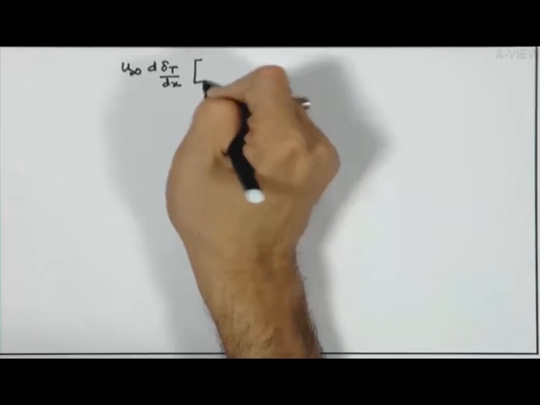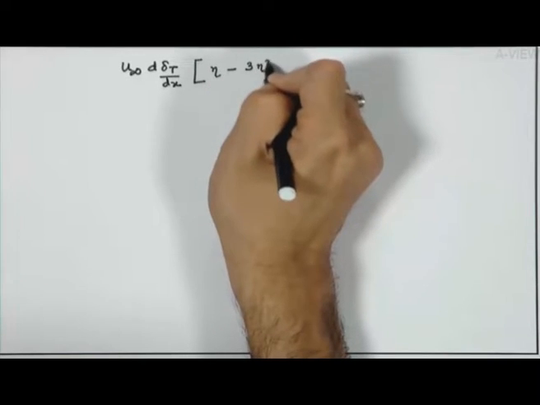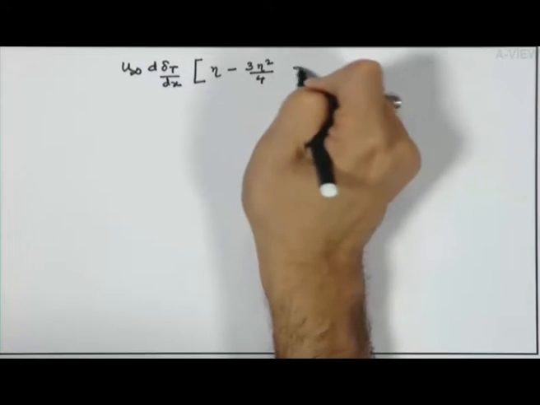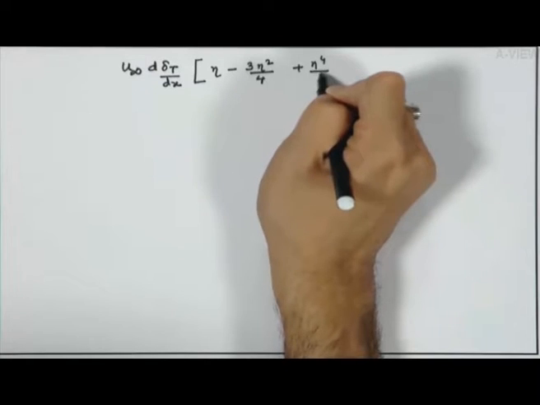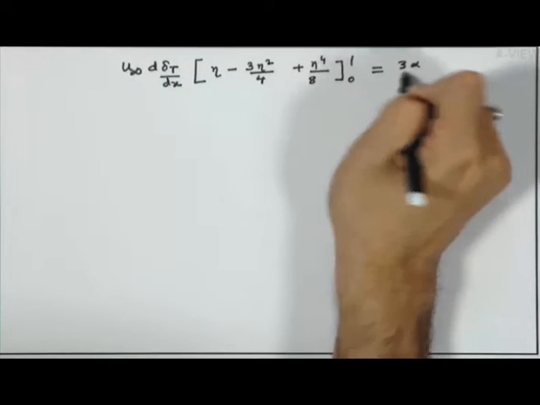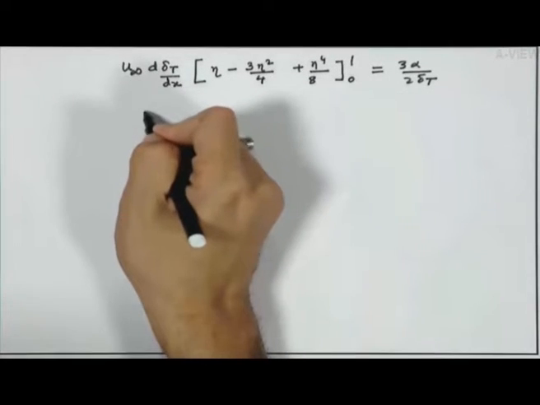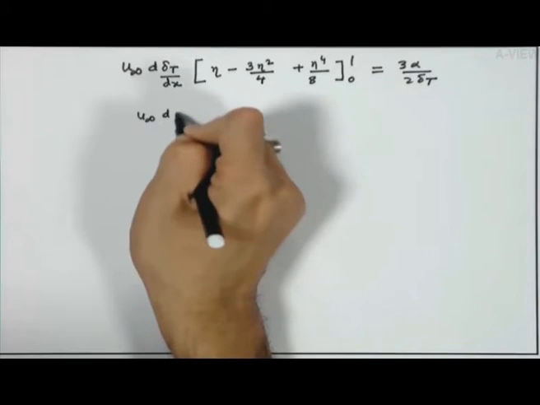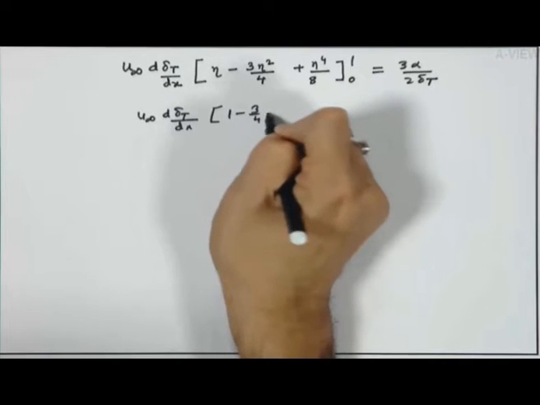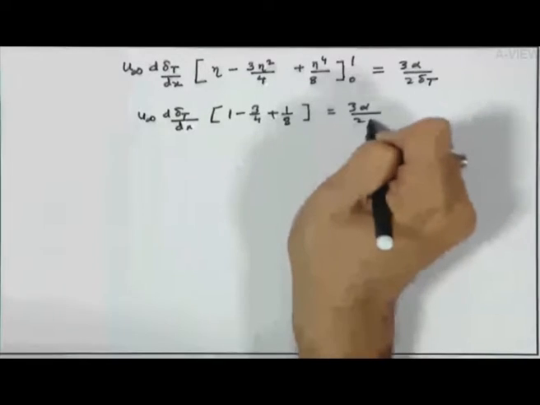So, let us do this integration. So, eta minus 3 eta square by 4 plus eta 4 by 8, 0 to 1, is equal to 3 alpha by 2 delta t. So, this is u infinity d delta t dx into 1 minus 3/4 plus 1/8, is equal to 3 alpha by 2 delta t.